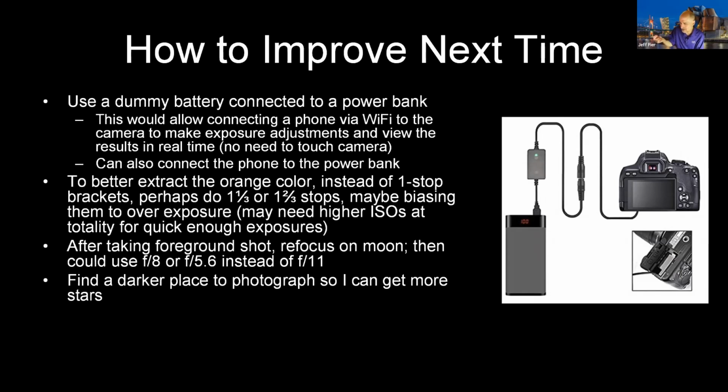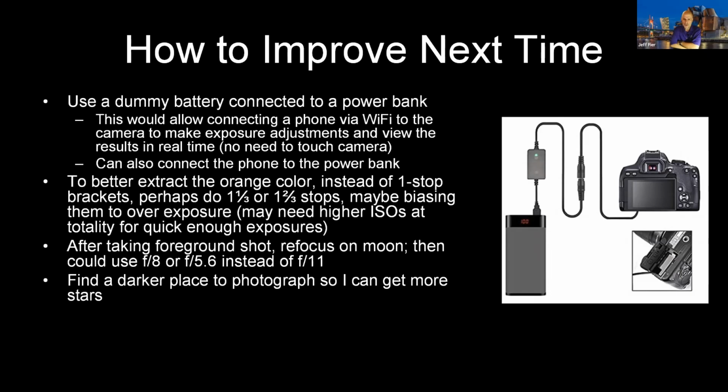And so you can connect it to a power bank instead of the wall. So now I could take a power bank out with me, plug this dummy battery into the camera, and I'd have enough power to turn on the Wi-Fi and then control the camera from my phone. And if the phone battery was getting low, the power bank has a separate USB connection that I can power the phone from as well. So I'd certainly do that so that I wouldn't have to touch the camera anymore.